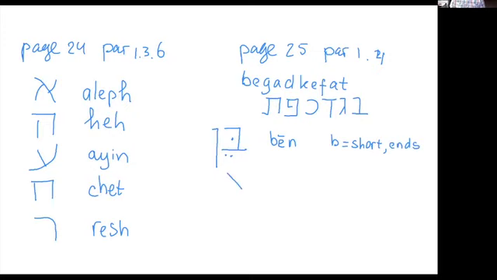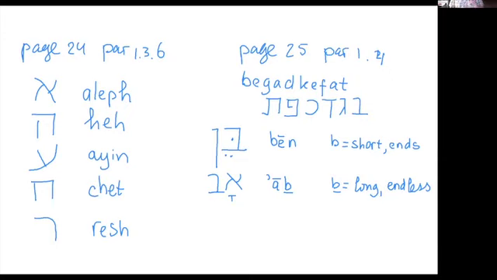But in the Hebrew word av, without a dagesh, the B is long, endless. As long as you have breath, you can say av. So the soft B has no end, and the hard B is short.